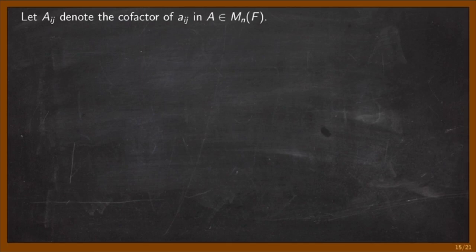In fact, that's the next thing that we wanted to do. We wanted to give an explicit or direct formula that calculates the inverse of a matrix. Isn't it amazing? Now, again, let capital Aij denote the cofactor of little aij.